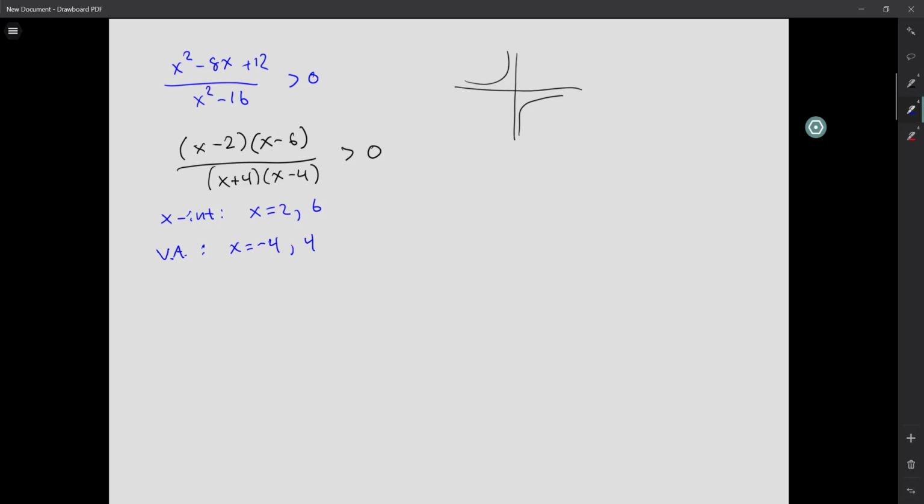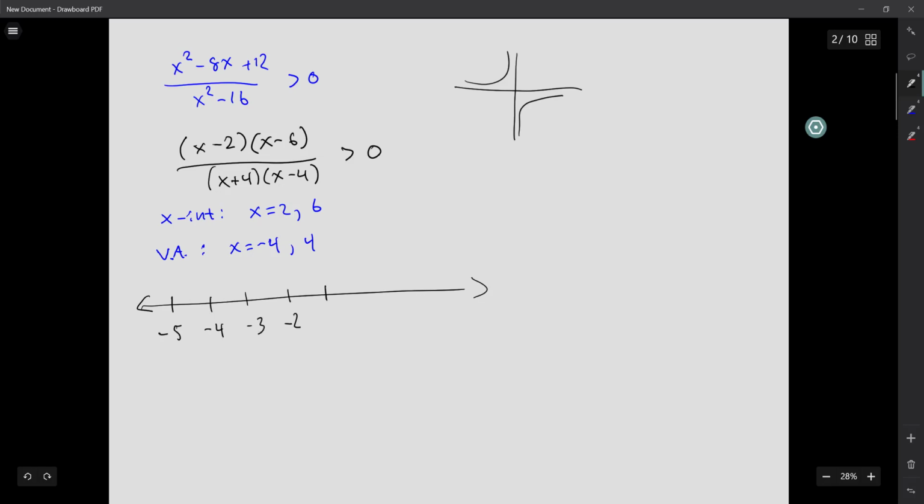If I was taking a calculus class, I might call them critical points, although that's a slightly different situation. I'm still going to make a number line for all of my points of interest. So let's see, I go from -4, nope, I'll have to go farther than that. -5, -4, -3, we'll have to make this longer.